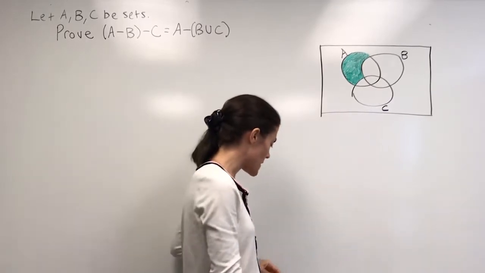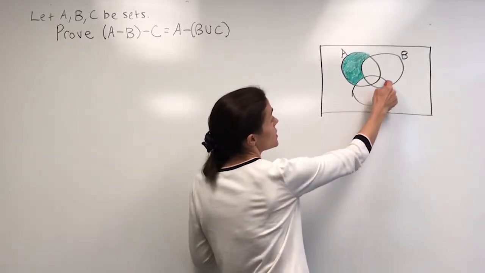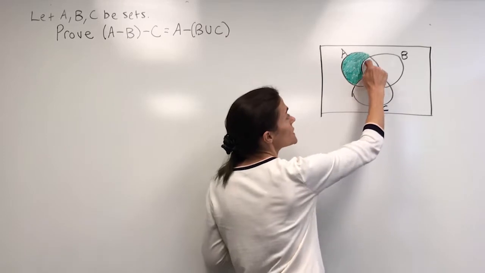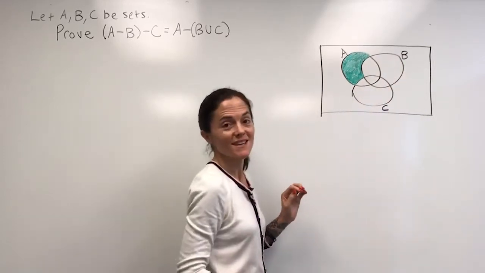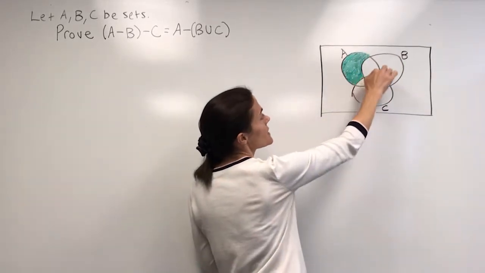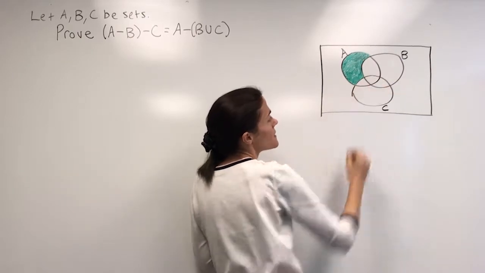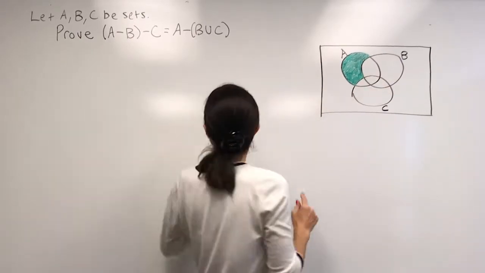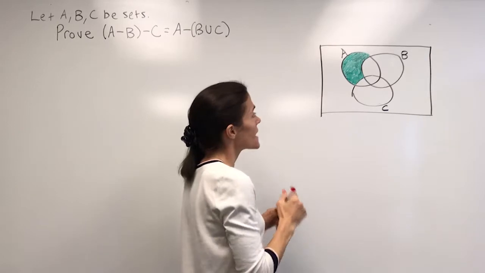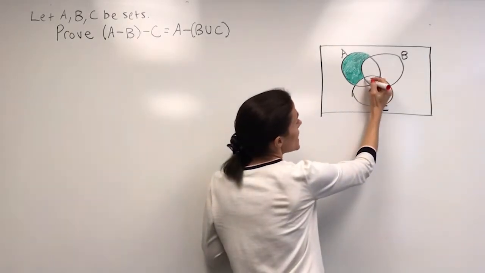You can either think about this as, this white circle together with this white circle is the union, and I've taken everything in A minus the union, or that's the right-hand side, or first we would have A minus B.